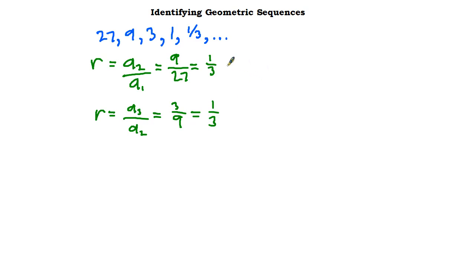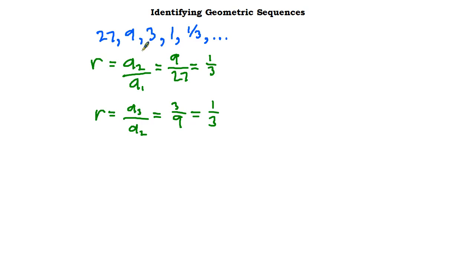So at least these first three terms have common ratios between them of 1/3, and we'll make the assumption at this point that this is a geometric sequence. If we found that these two did not have the same ratio between them, we would say not a geometric sequence.